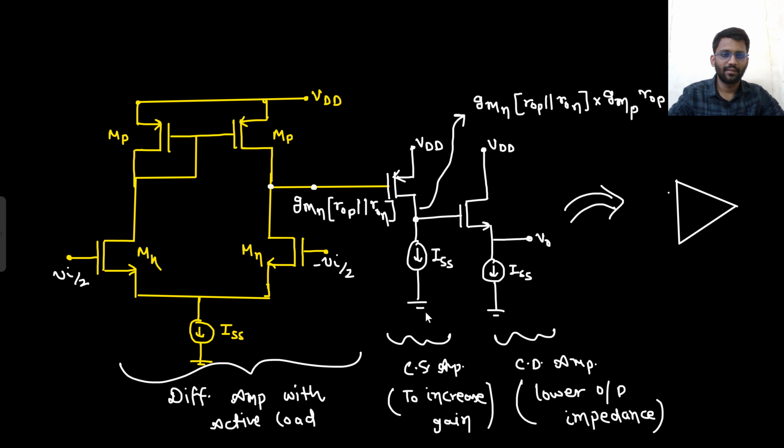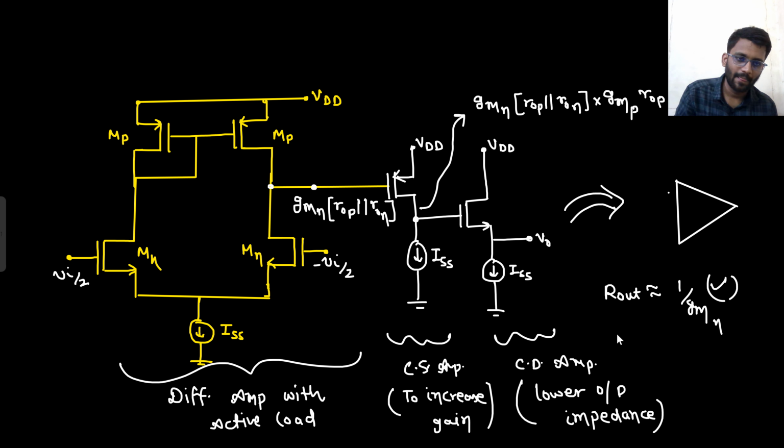This would be multiplied, and then from here to here there will be no change in the gain. The gain will be nearly the same. But what is the output impedance looking from here? Our output impedance is nearly 1 by gmN, which was desired. This is our gain.